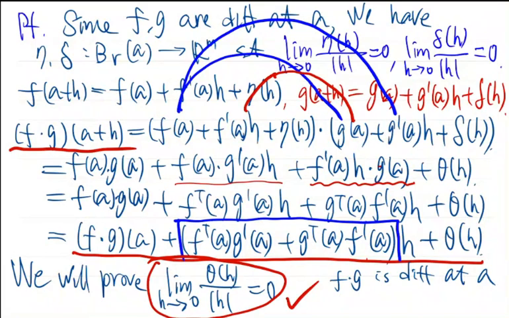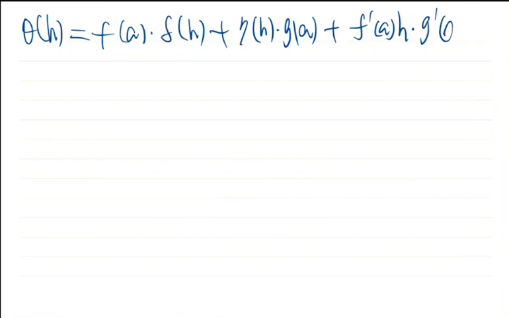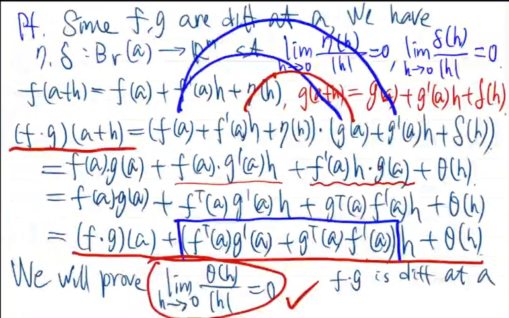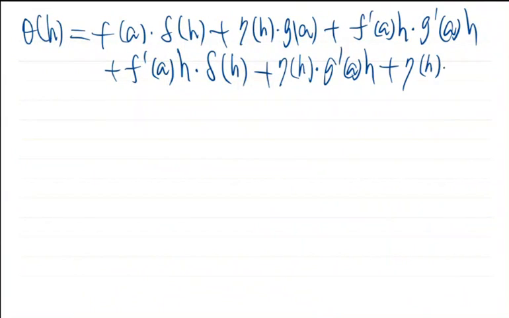You can check that theta h is the inner product of f(A) with delta h, plus the inner product of eta h and g(A), plus f'(A)h·g'(A)h, plus f'(A)h·delta h, plus eta h·g'(A)h, plus eta h·delta h.